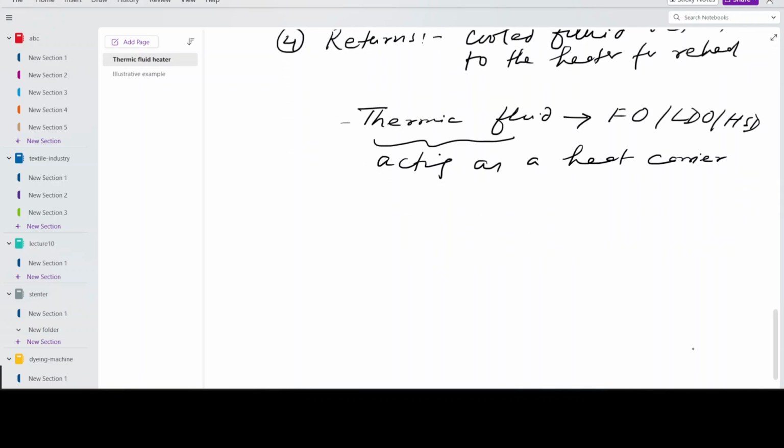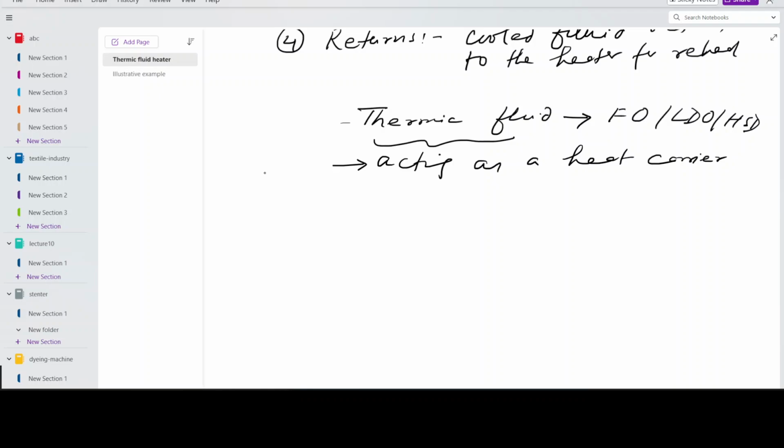I am explaining what we have seen in the working principle, just repeating those things. This thermic fluid is heated up in heater and circulated through the user equipment, and it transfers heat for process through a heat exchanger, and finally fluid returns to the heater.